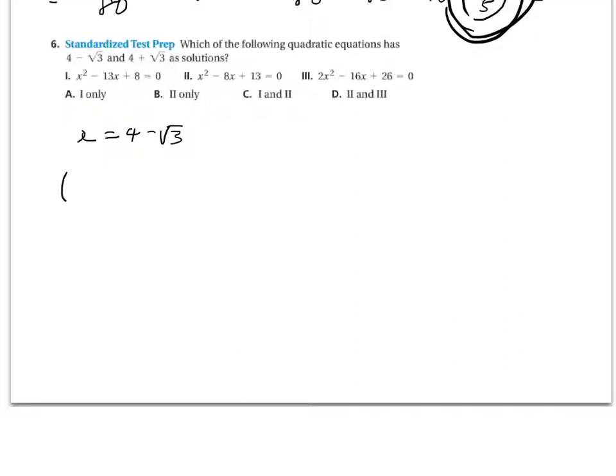That means in the factored form, the left parentheses should have x minus 4 minus square root of 3, right? Because this minus this is 0. So for this one, what do you have here? After that, expand it, and you should get one of these answers somewhere.